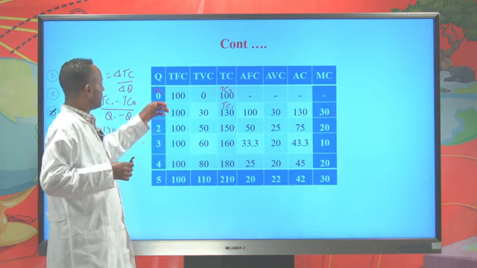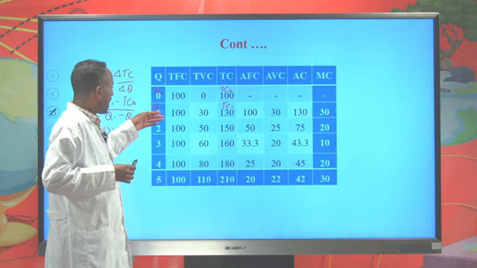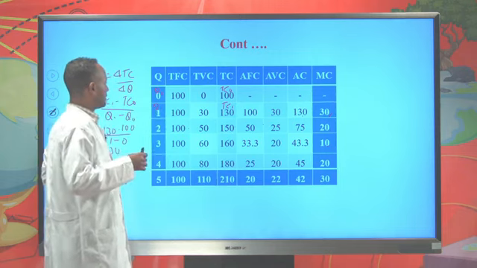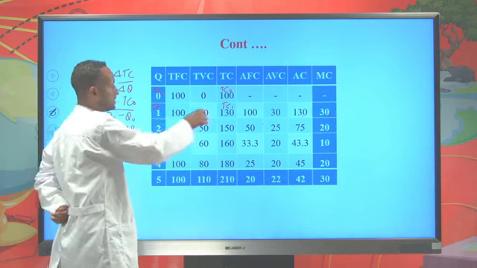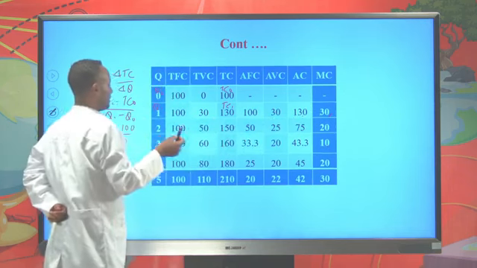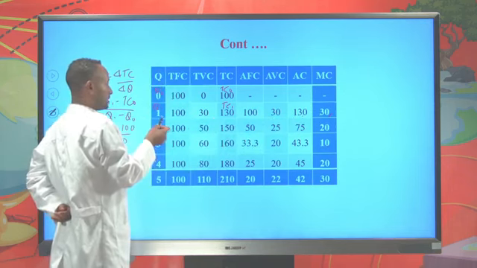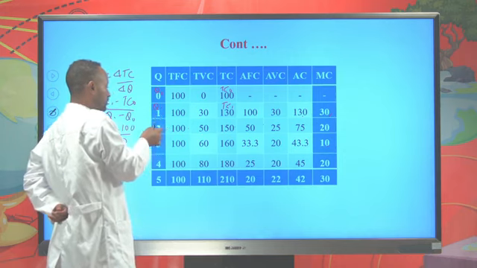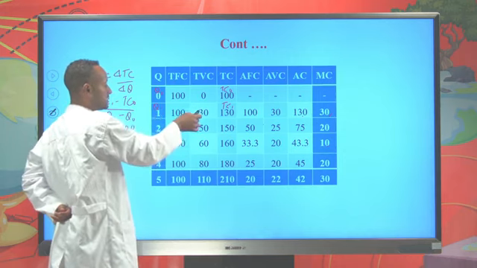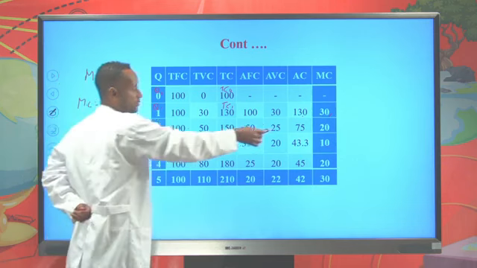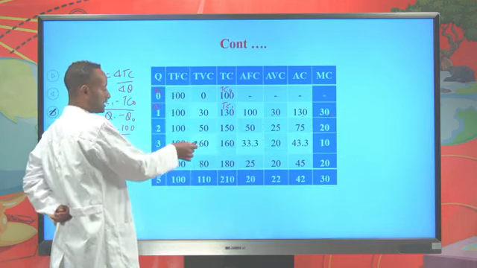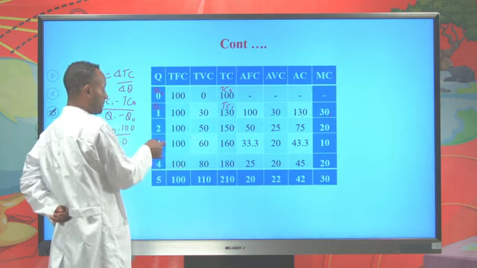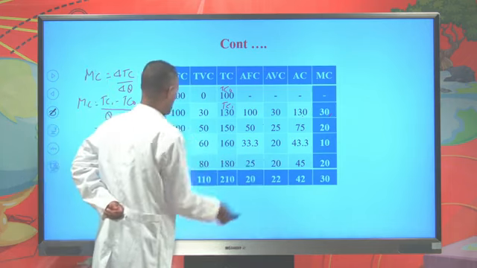So the marginal cost of 1 unit of a commodity is 30 minus 0 divided by 1 minus 0, which is 30. Again, using the TVC, the marginal cost of producing 2 units is 50 minus 30 divided by 2 minus 1, which is 20. The marginal cost of the third is 60 minus 50 divided by 3 minus 2, which is 10.